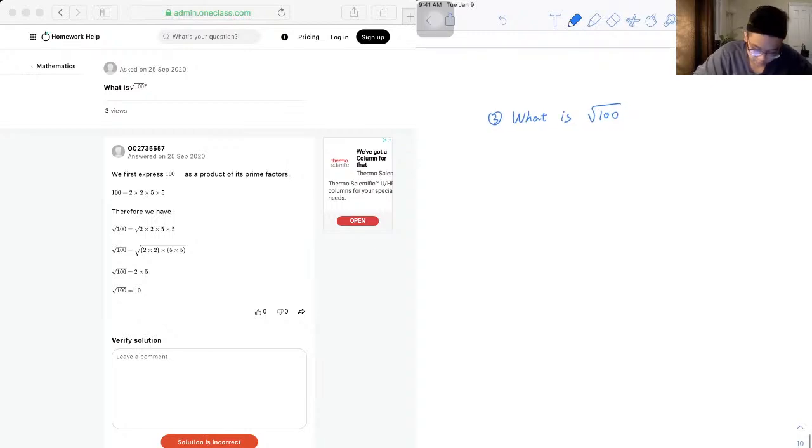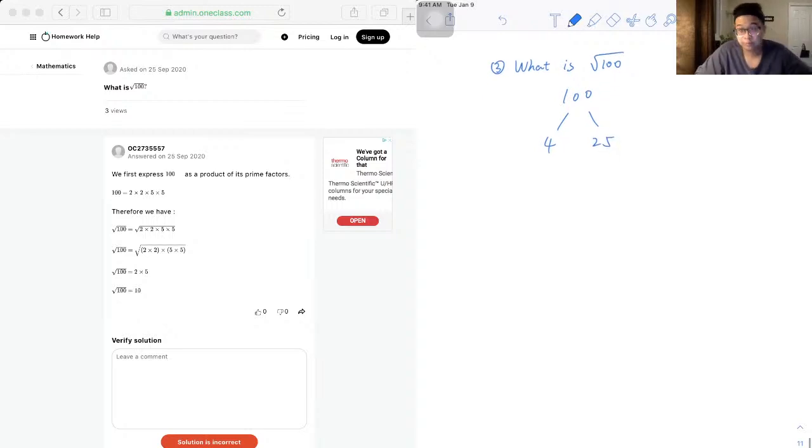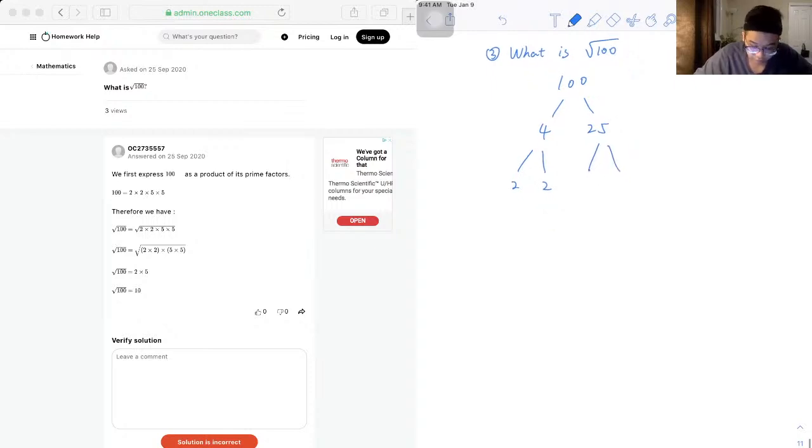So 100, first, it can be written as 4 times 25, right? Because 4 times 25 is equal to 100. And 4 can be represented by 2 times 2, because 2 times 2 is 4. And 25 can be represented by 5 times 5, because 5 times 5 is 25.